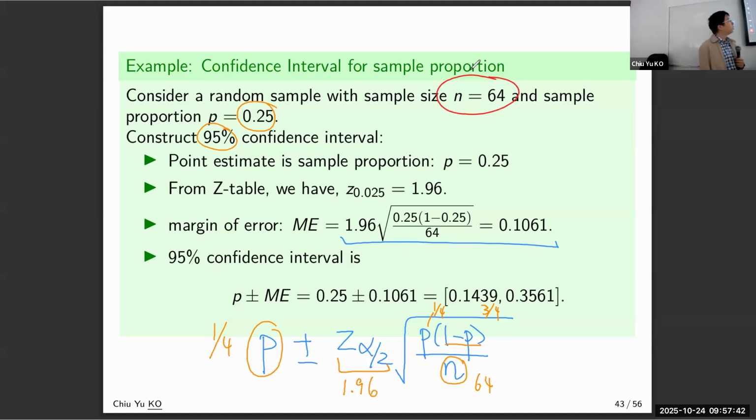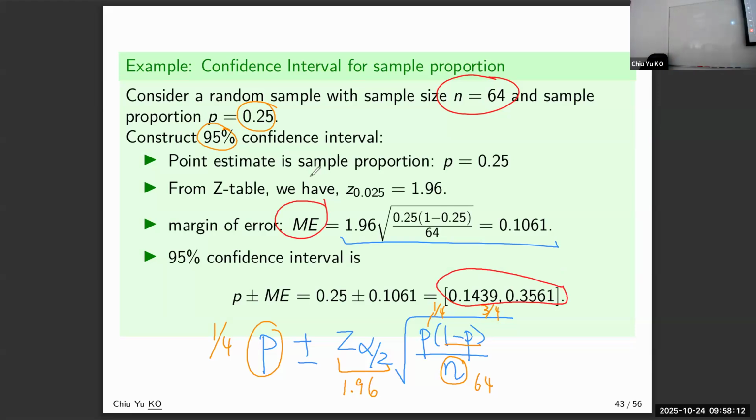But what is your choice? Your choice would be, you want to know at the end how precise your results are. Basically, you have to control your margin of error, right? If you want a smaller margin of error, you need to have more samples, right?